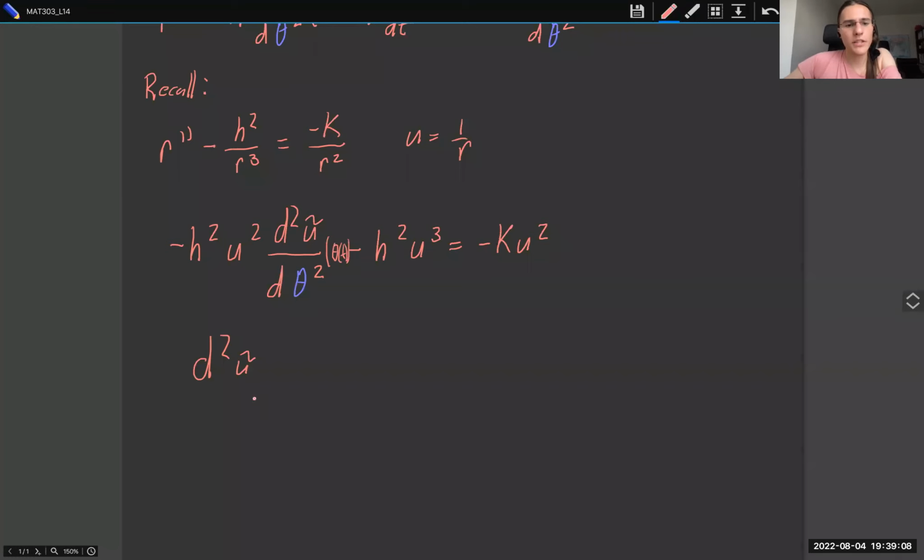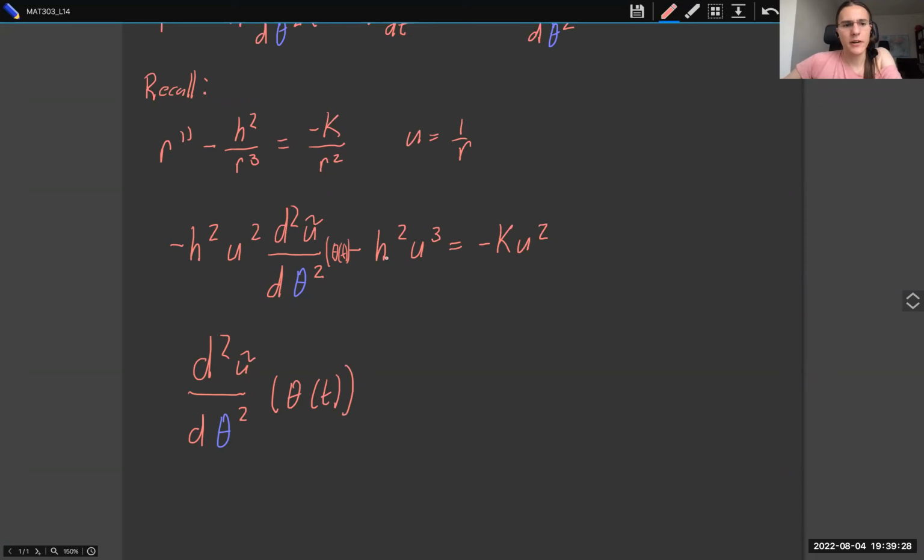Okay, now we're going to write everything in terms of tilde.